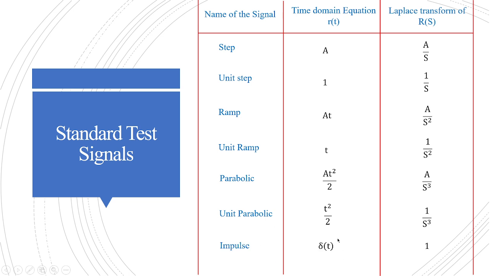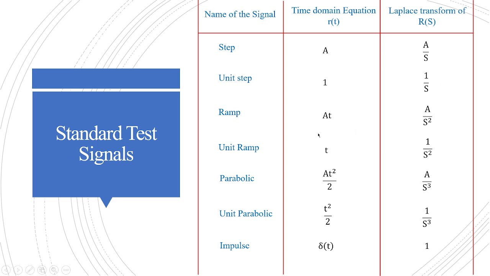And for impulse, δ(t) is nothing but the peak value when you reach t = 0. So its Laplace transform would be 1. This particular tabular column you should remember in order to solve all the problems related to test signals, and you should know how to convert them into Laplace transform or inverse Laplace transform.